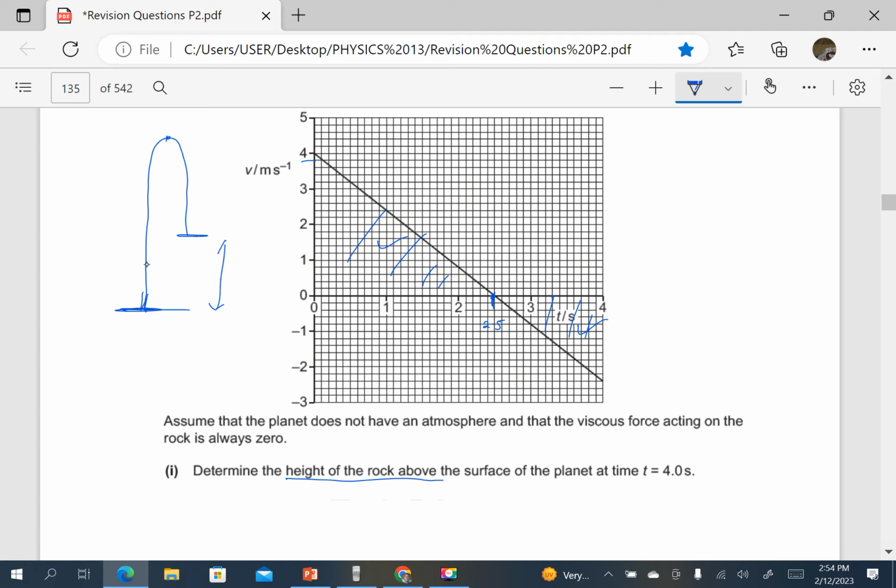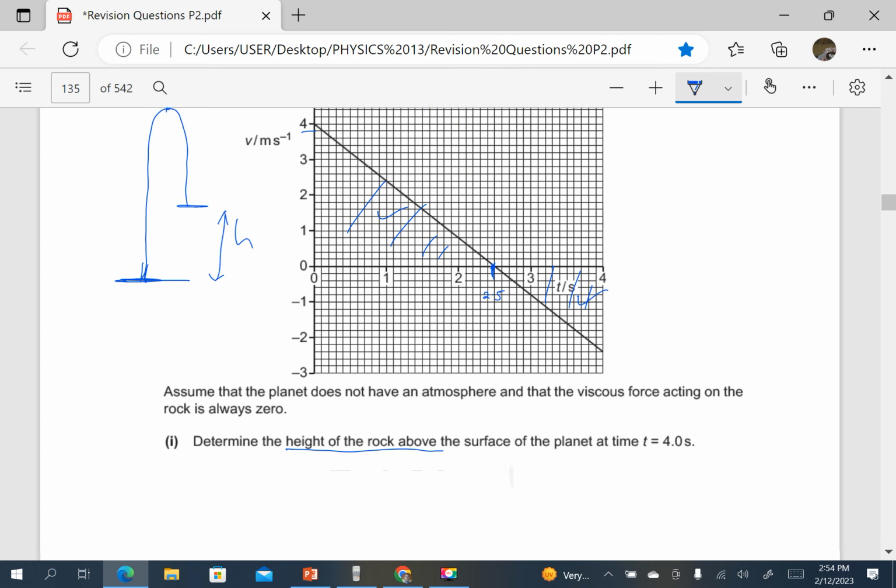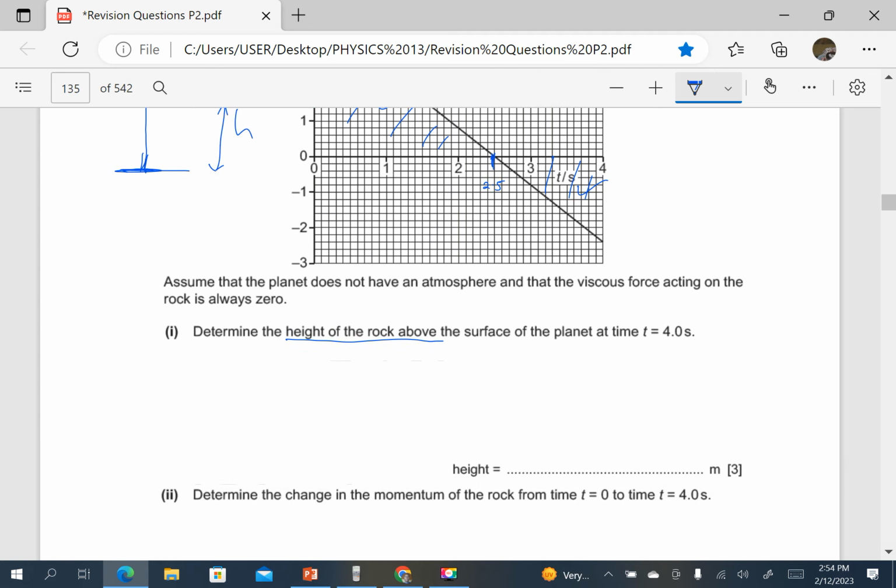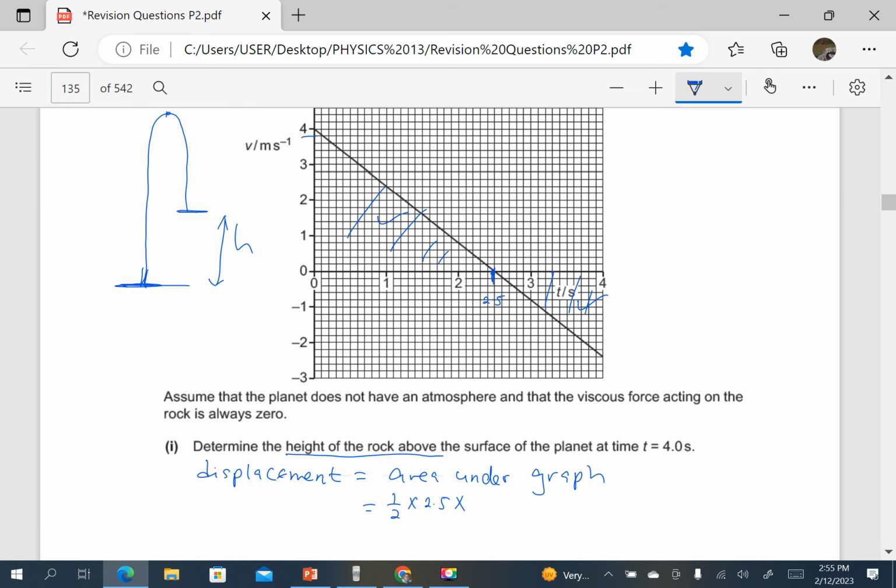So we want the height h above the surface of the planet. We shall get the area when it is going upwards minus the area when it is coming downwards. So displacement is equal to the area under the graph. When going up, it is a triangle: a half times the base, which is 2.5, times the height, which is 4.